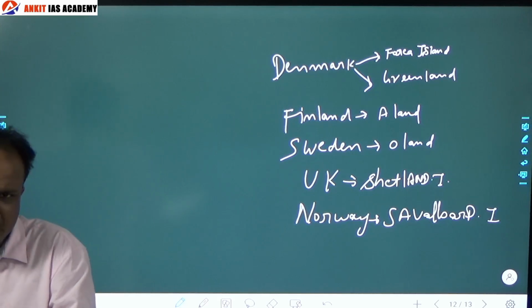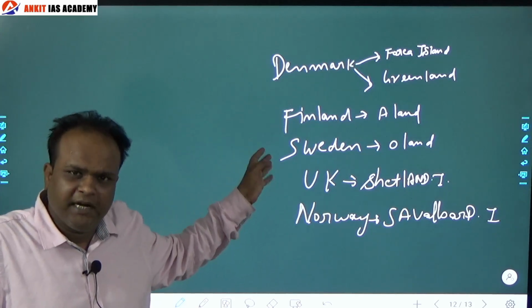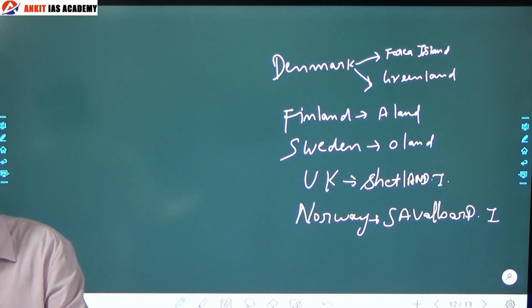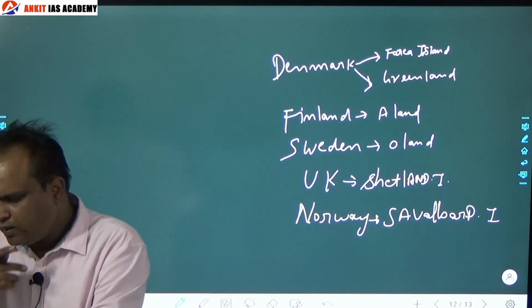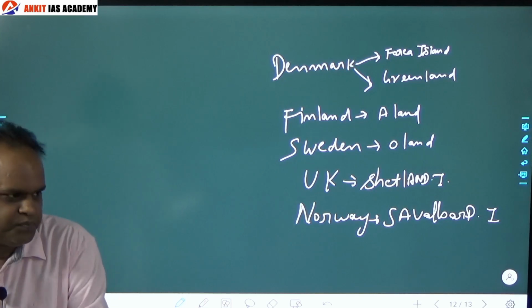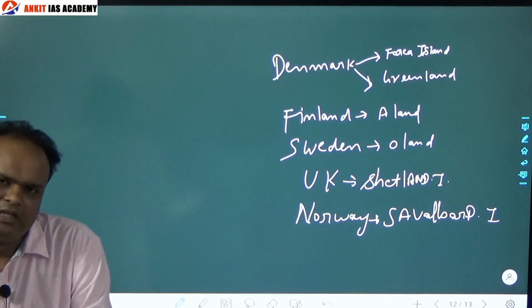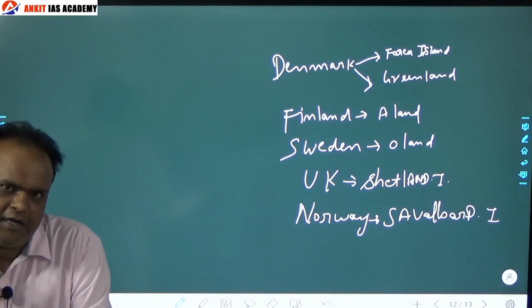Geographically, Greenland is a part of the North American continent, but culturally it is a part of Europe, because it is occupied by Denmark. This Greenland is a part of Denmark.